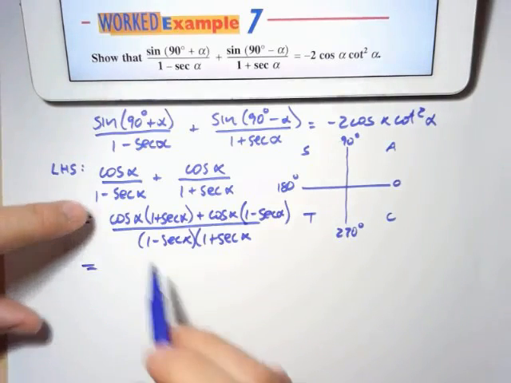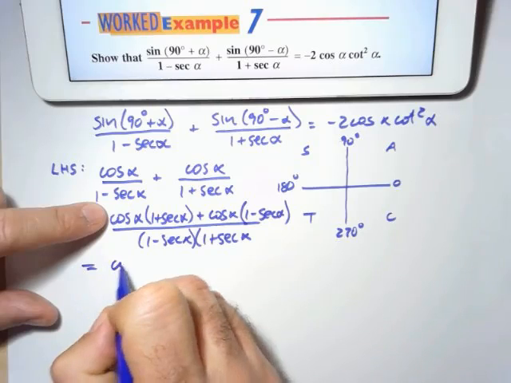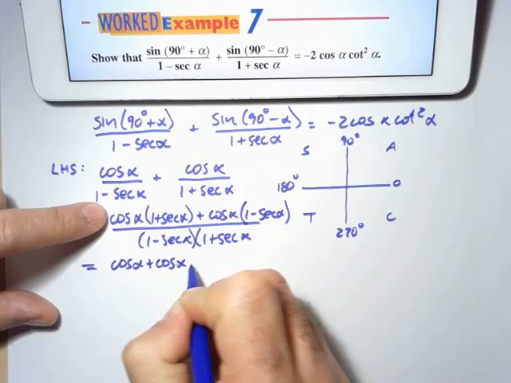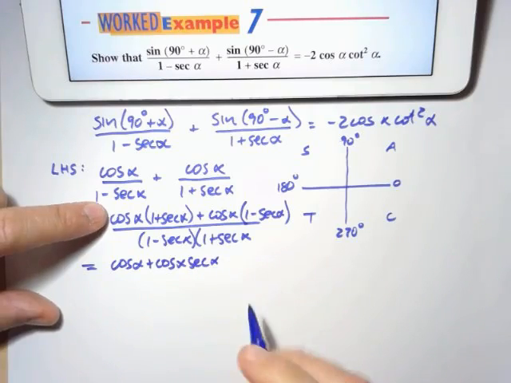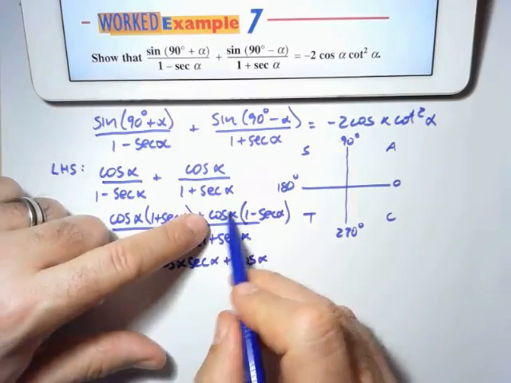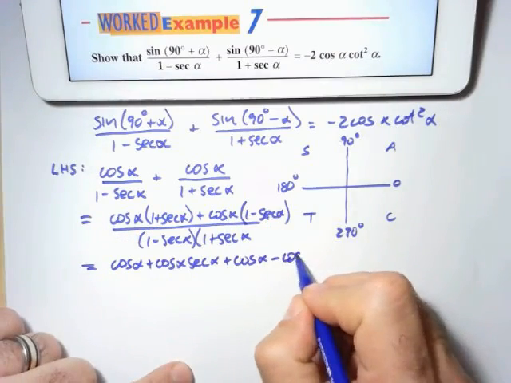If I multiply this now out, cos alpha times that is cos alpha. This is going to give me plus cos alpha sec alpha. Plus this is going to give me cos alpha. That's going to give me minus cos alpha sec alpha.